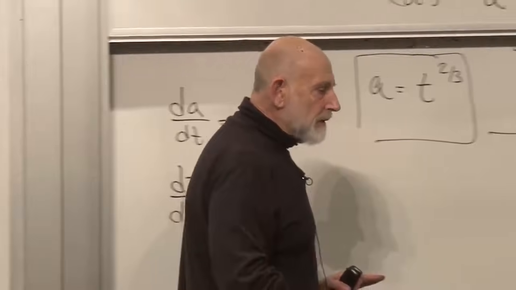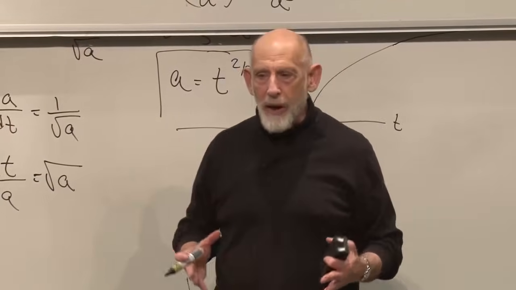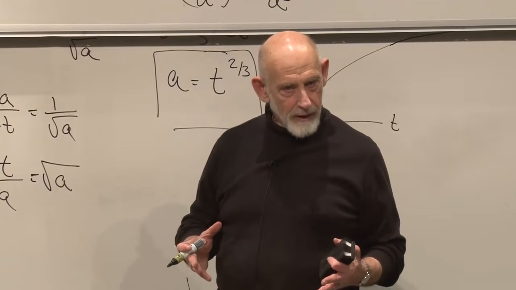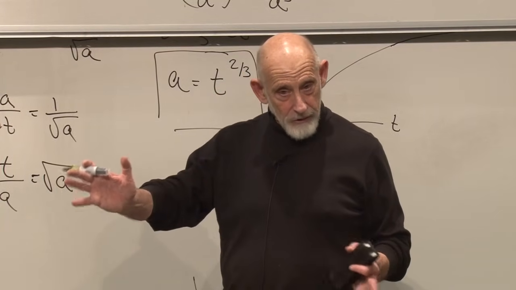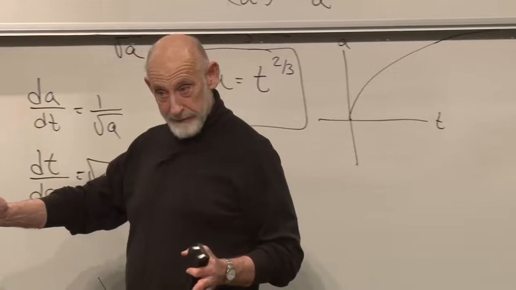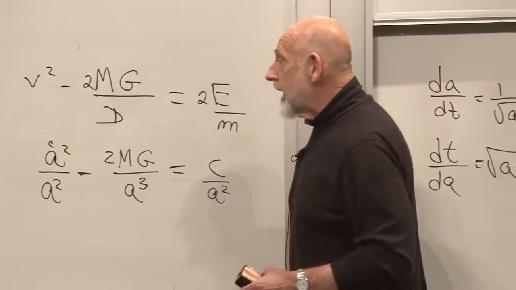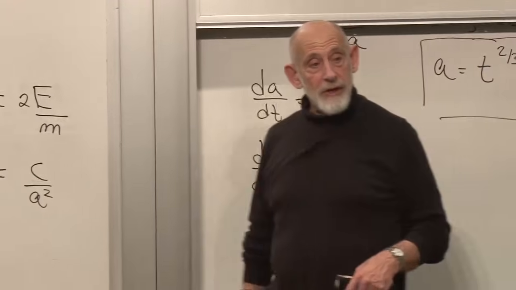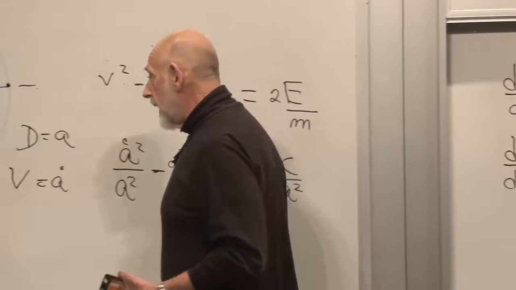If C is positive, it meant the total energy was positive. It meant the kinetic energy outweighed the potential. Sounds like, and it does, means that the galaxies are going to continue to recede forever. You've beaten the escape velocity. If C is negative, then the energy is negative, more negative potential energy than kinetic energy.